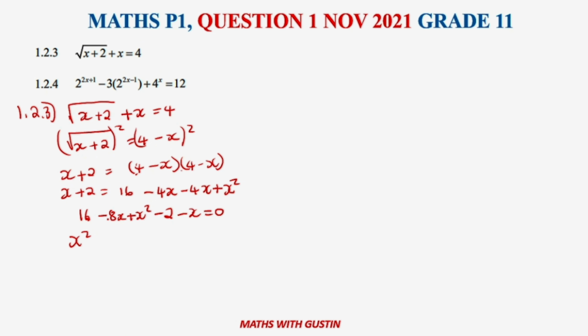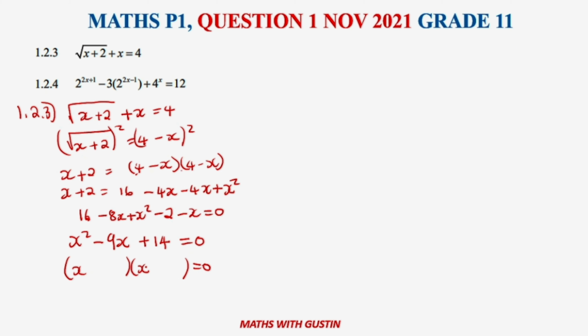We're gonna have minus 8x minus x is going to give us minus 9x. 16 minus 2 is going to give us plus 14. Is it? Okay, looking good. It's correct. There you go. Therefore here we need to factorize.